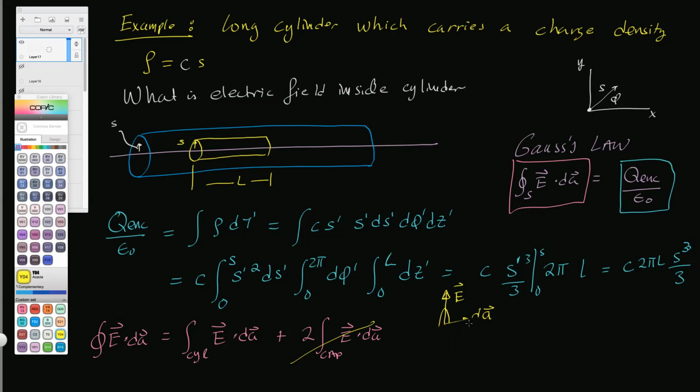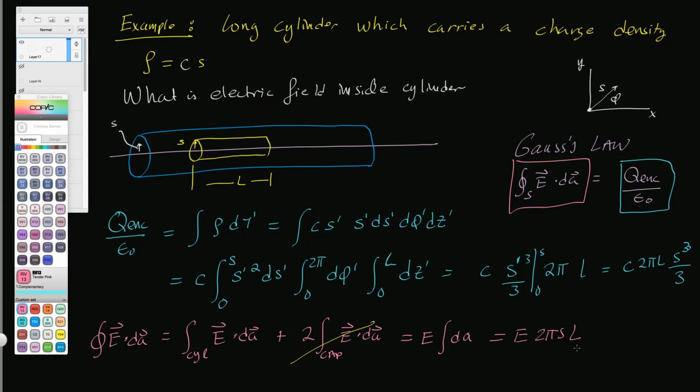I'm going to erase this little thing here. So we have E, and then the integral of dA, which is now just the surface area of our cylinder, not including the cap. That's just 2 pi SL. So this is just going to be E times 2 pi SL.